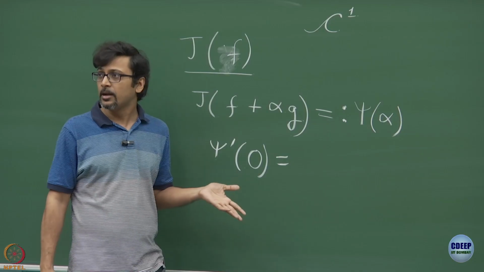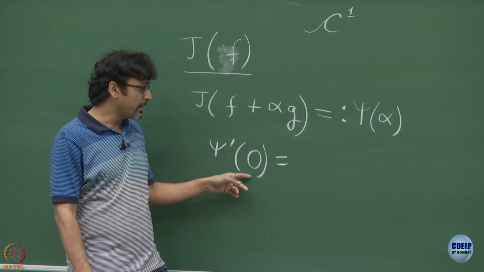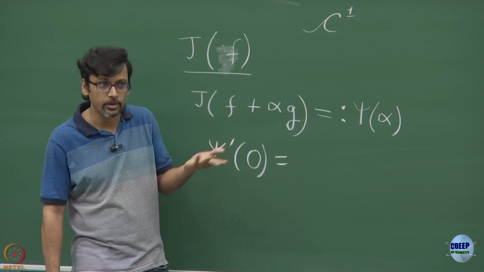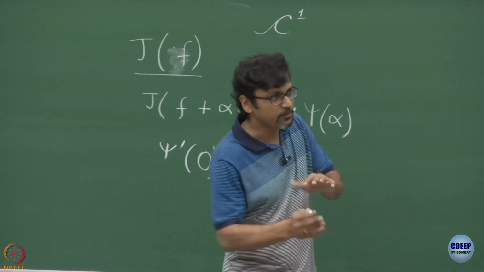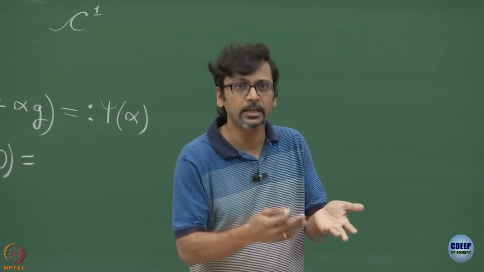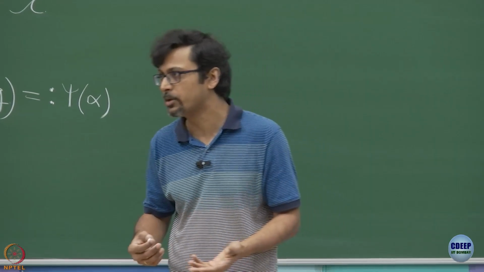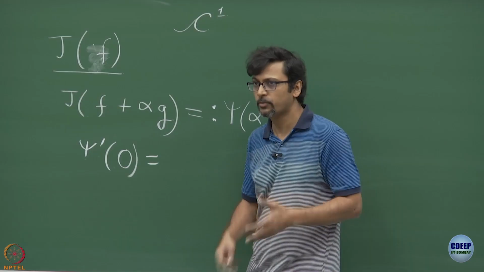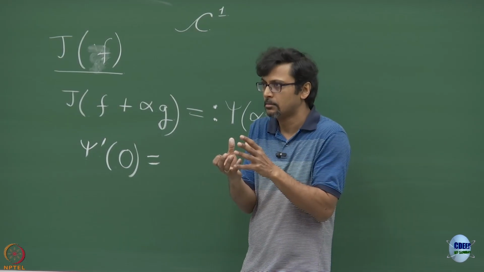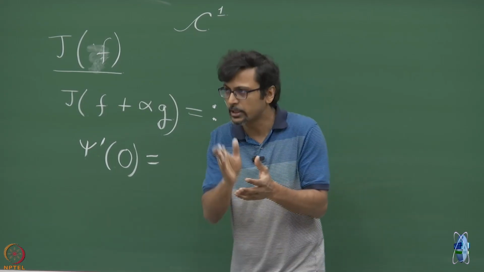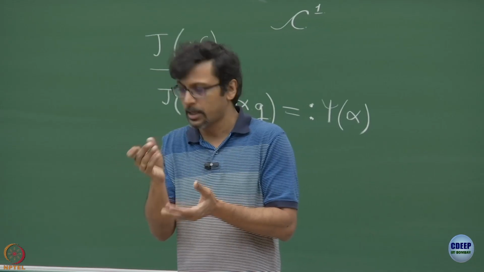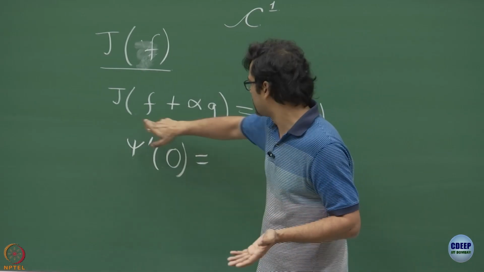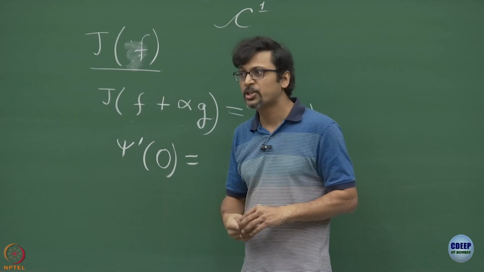Psi prime, if it does not vanish at alpha equal to 0, where is the contradiction? Just recall. You have to just rephrase whatever we had said in terms of g earlier in finite dimensions in terms of psi. Where was the contradiction? The sign. You should actually be increasing. As you perturb f to f plus alpha g, this J should spit out larger values.